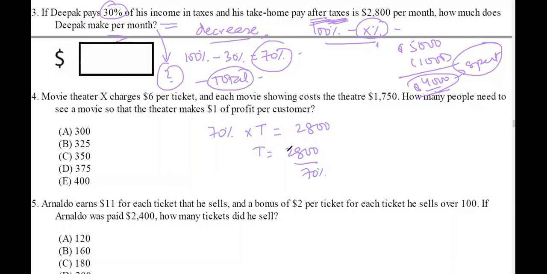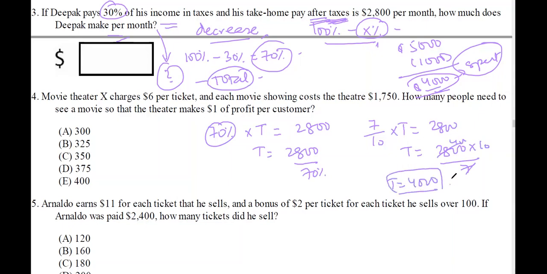You can do it like this, or you can simplify: 7 upon 10 into total is equal to 2800, so the total is 2800 multiplied by 10 upon 7, which is 400. It means that the total value is 4,000. Is this part now clear? Yes. Copy it then and attempt the fourth one.